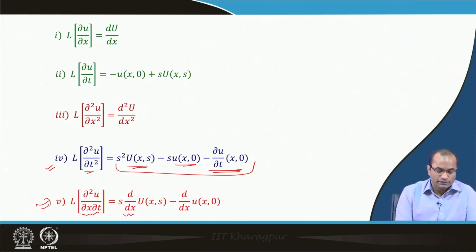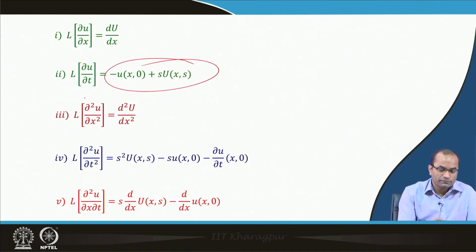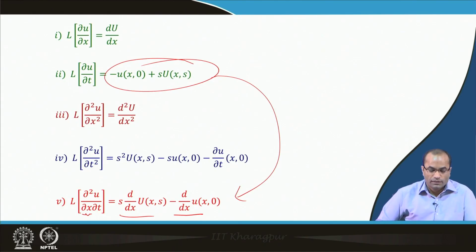So, we have d/dx as it is, and the first derivative will have the minus u(x,0) term there, and s U, with the derivative with respect to x. So, it is the derivative theorem as we have for ∂u/∂t. That will be used, and d/dx will remain as it is. So, only the derivative term will come extra with respect to x because of this second derivative.